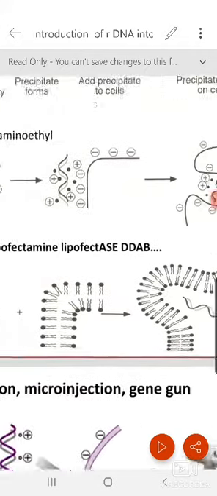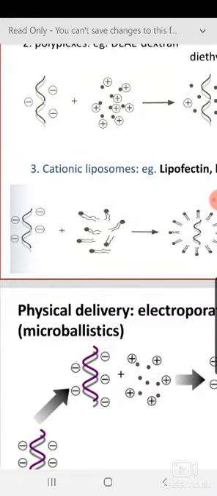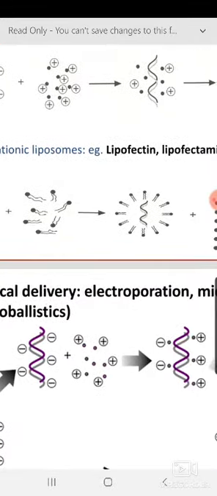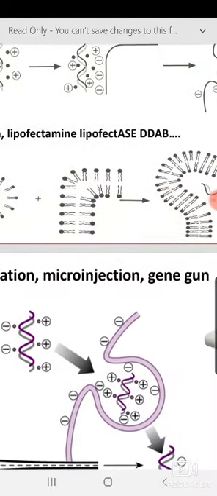There is another very popular method, that is cationic liposome: lipofectin, lipofectamine, lipofectase, DDAB. There are many commercially available.